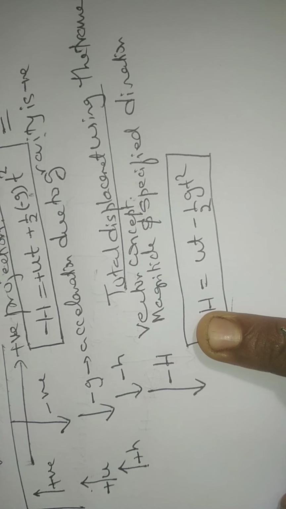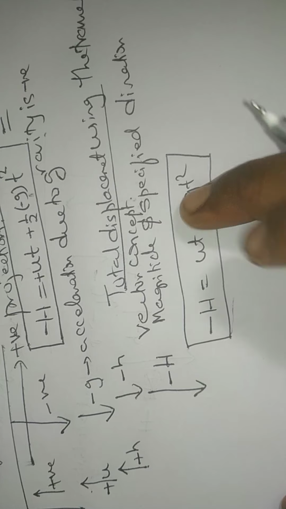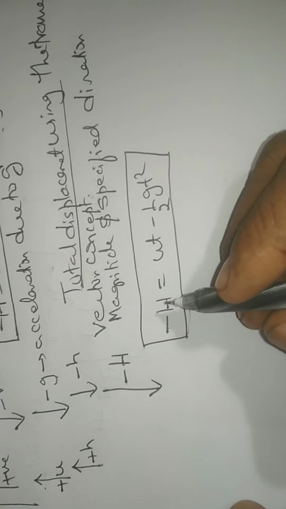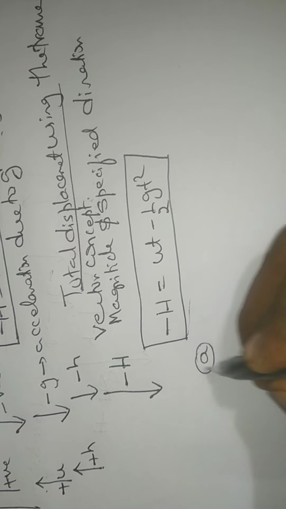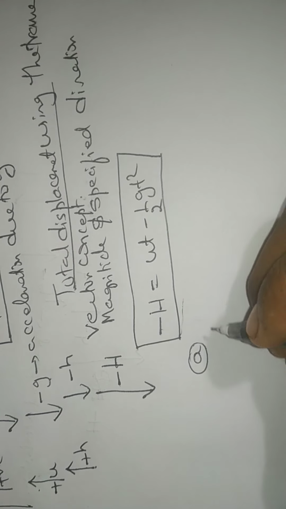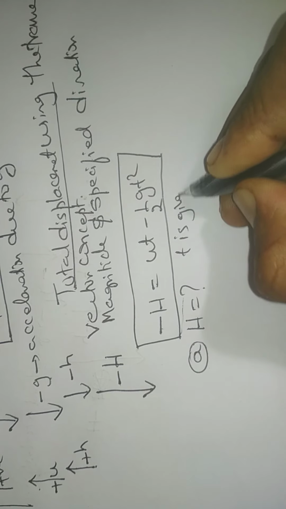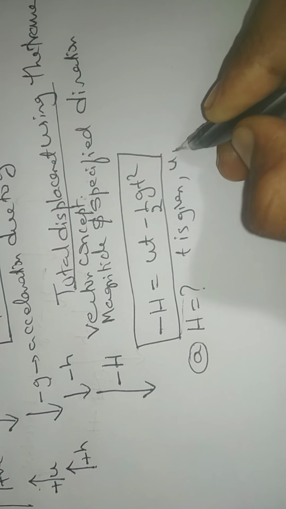But this is not that, it's minus H. Questions posed in general examinations would be of two types. One is to find capital H when T and U are given. This is too easy, trivial.